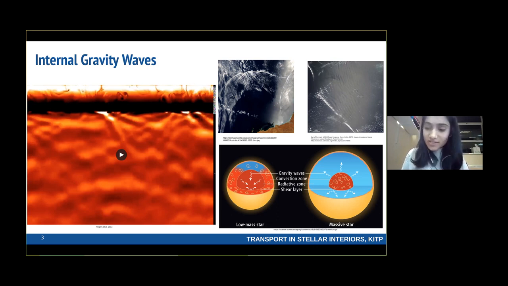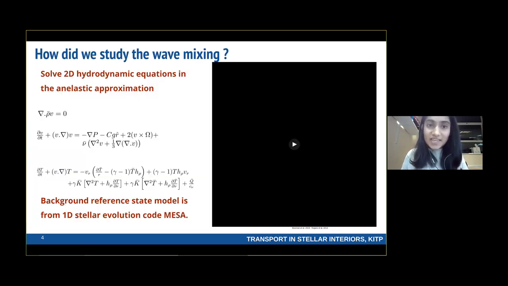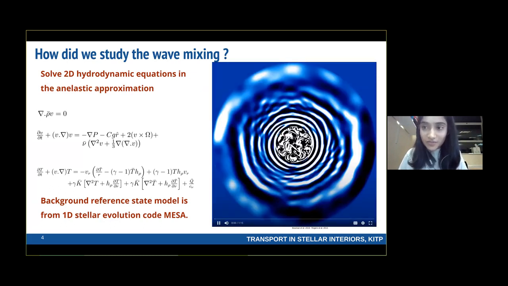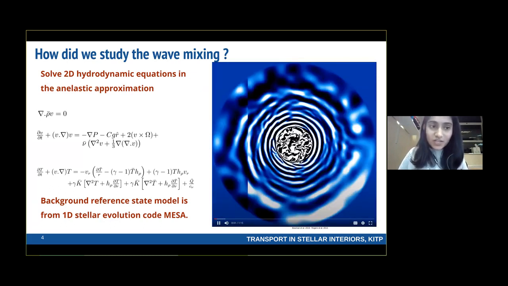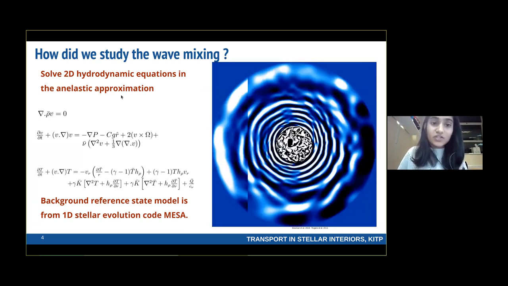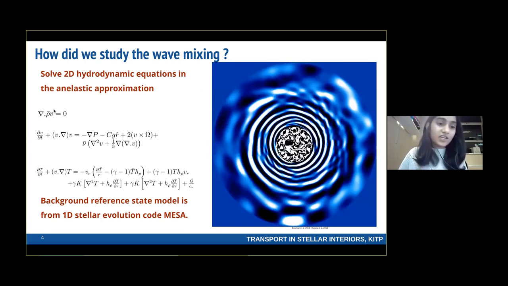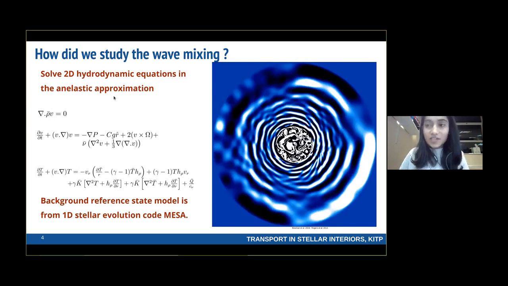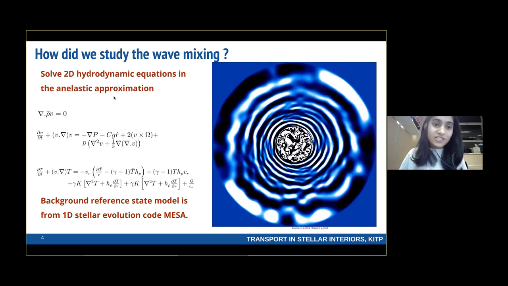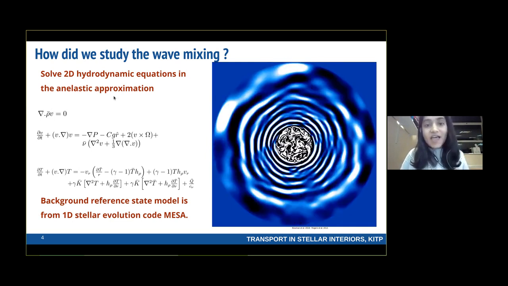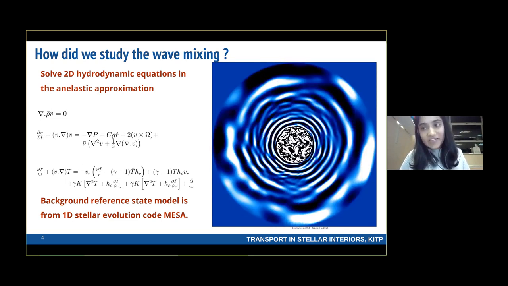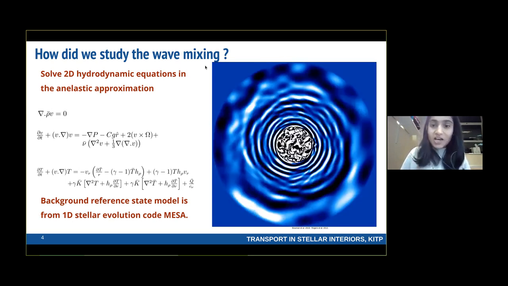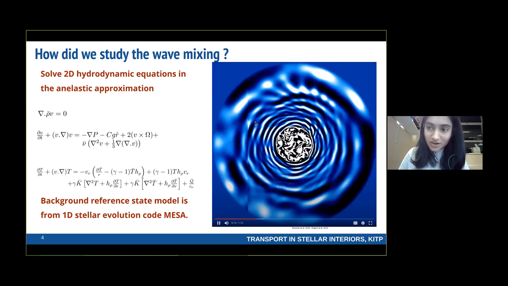With these models, we studied the mixing by internal gravity waves by conducting numerical simulations to solve the 2D hydrodynamic equations, the conservation of mass, momentum, and energy, in the anelastic approximation. So we filtered out the sound waves and included the effect of density stratification by considering an equatorial slice of a star.